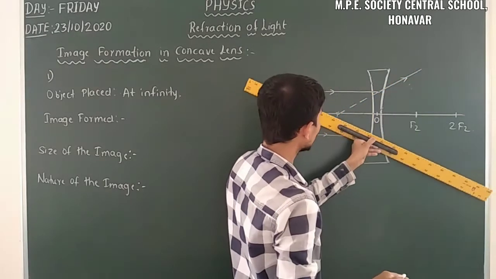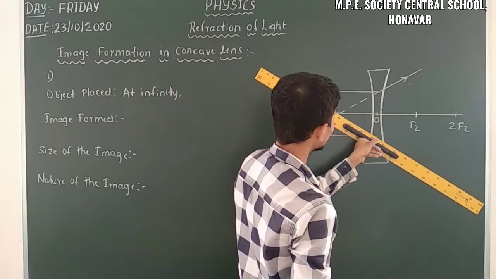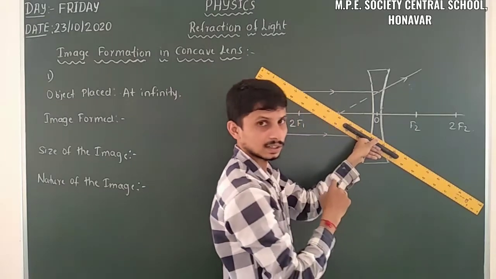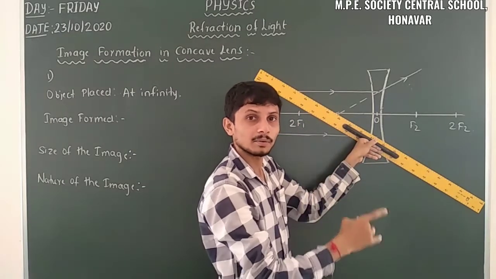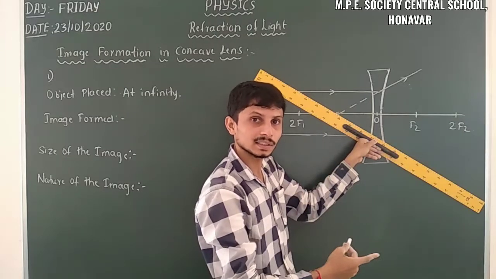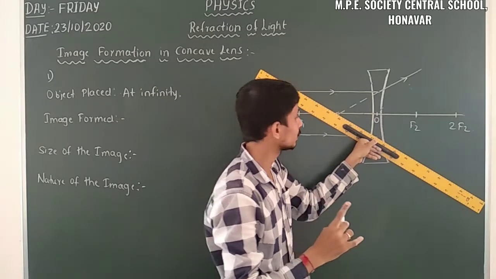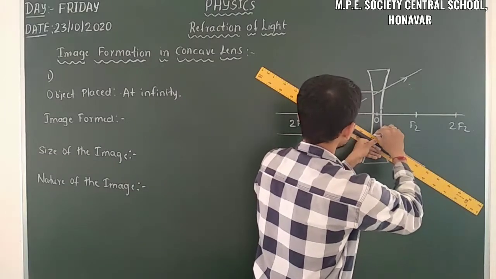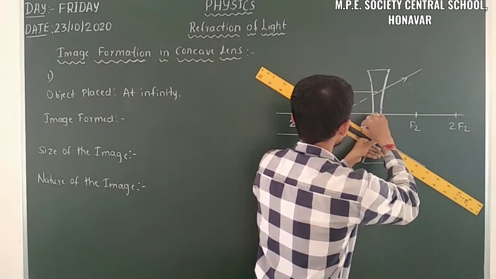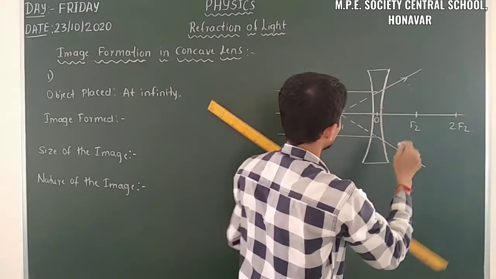Then here also we have to take the same behavior: this ray after refraction diverges from the principal axis and appears to meet on the principal focus. After that we have to extend backward. Yes, like this.